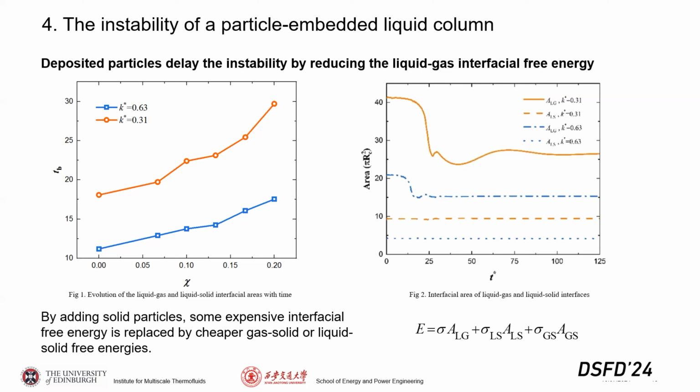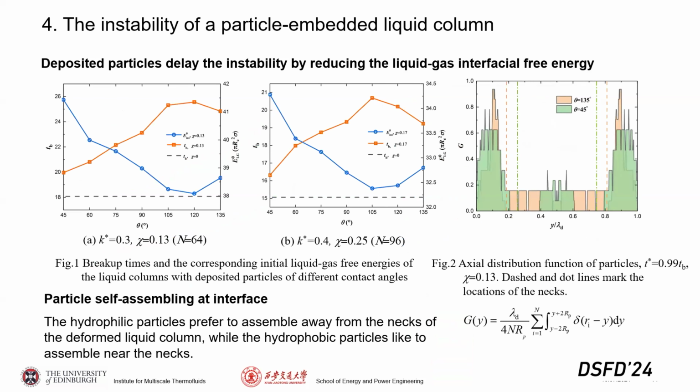If we put the particles at the interface, the particles will occupy interfacial area, and then the particles can reduce the interfacial free energy of the whole system. We believe that is the reason the whole system becomes more stable. We also tried particles with different contact angles.